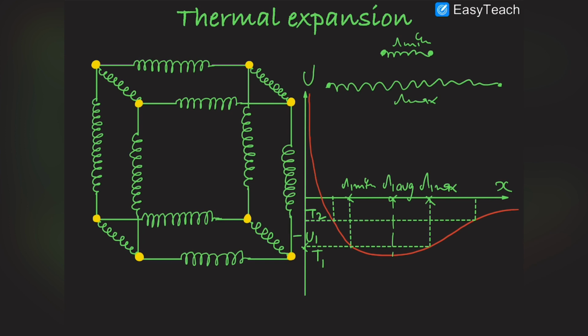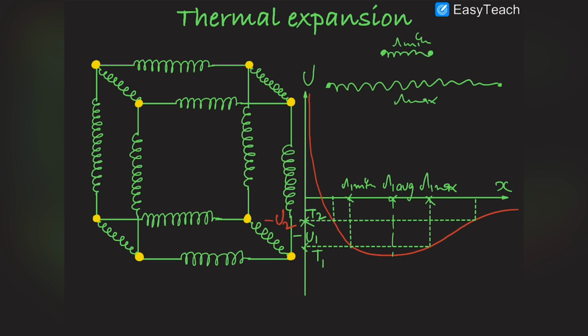Then at T2 the energy of this system increases, and obviously this potential energy is negative, so the increased energy would be less negative. So it would be above this line at this point. Let us suppose that this is minus U2.